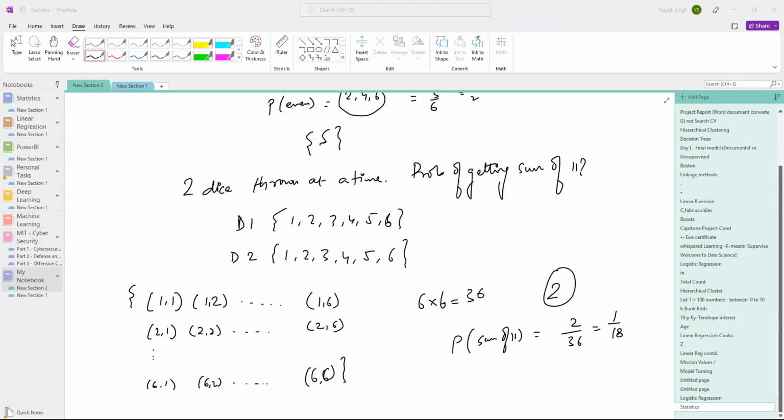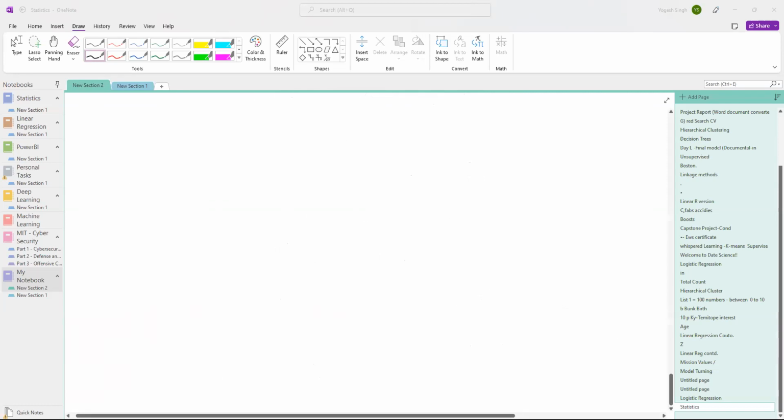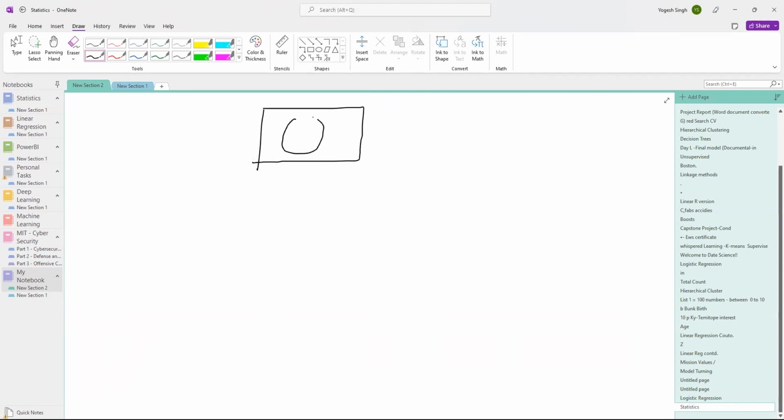Now, let us come to sets in probability. So when I talk about sets in probability, I take this as A, I take this as B. Now this region that I have is A intersection B. It means that both of them are occurring together.